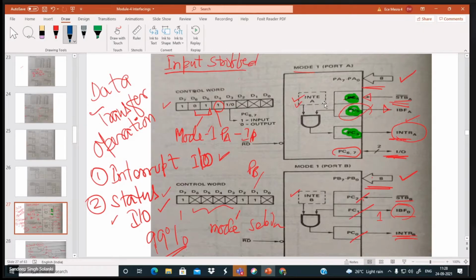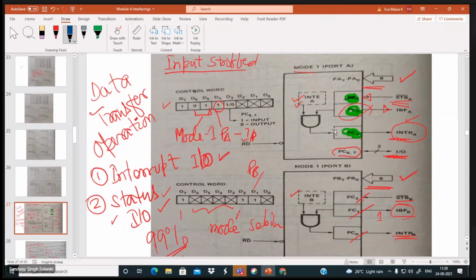See mode 1 port A and mode 1 port B. First of all, you see this diagram, then I will do everything with the pen so you can understand. Why I wanted to show you this diagram is because it is very important.